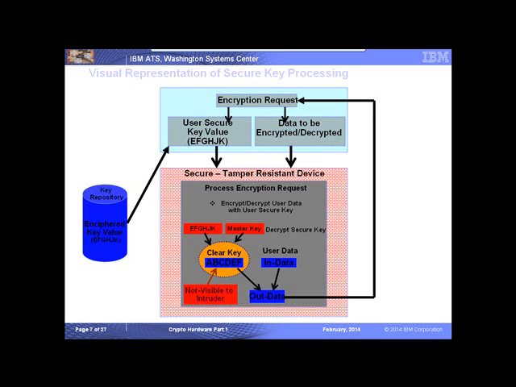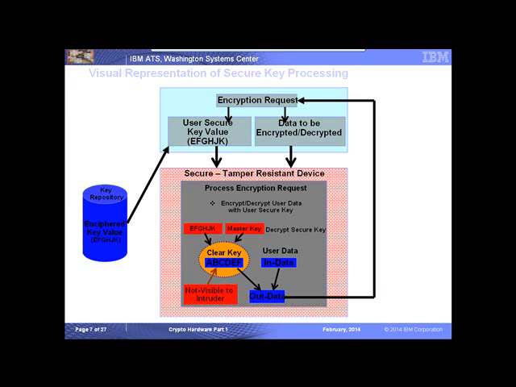Now let's contrast that on slide 7 with the secure key technology. Again, the idea here is the key is stored in your repository after it has been encrypted under another key called the master key. When we get into the Crypto Express hardware and then ICSF a little bit later, we'll talk in a lot more detail about how those master keys work.